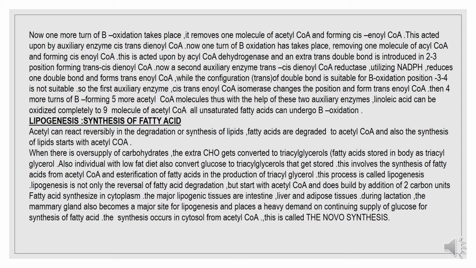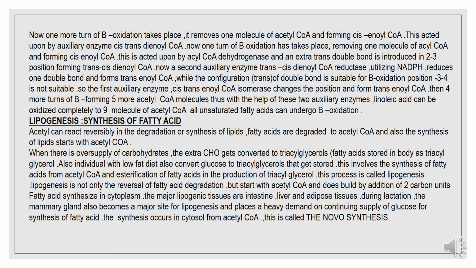Now a second auxiliary enzyme, called trans cis dienoyl CoA reductase, utilizes NADPH and reduces one double bond and forms trans enoyl CoA. While the configuration of the double bond is suitable for beta oxidation, the position 3,4 is not suitable, so the first auxiliary enzyme, cis trans enoyl CoA isomerase, changes the position and forms trans enoyl CoA, and then 4 more turns of beta oxidation form 5 more acetyl CoA molecules.